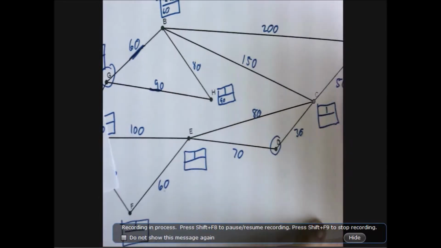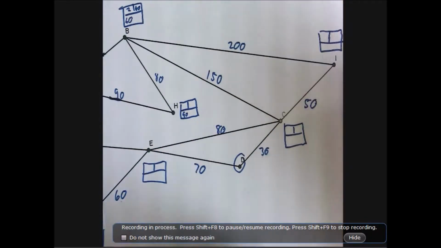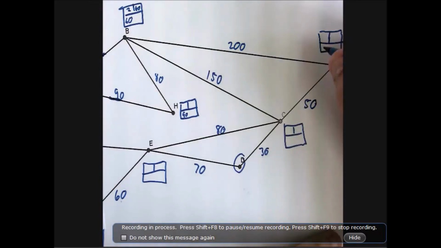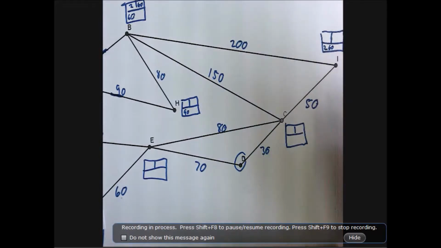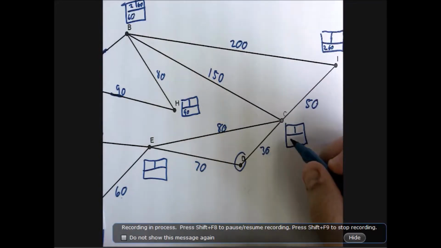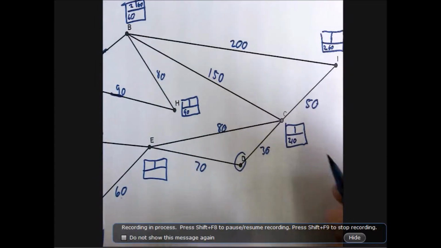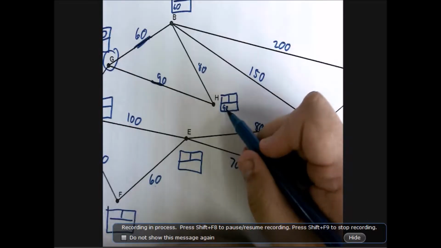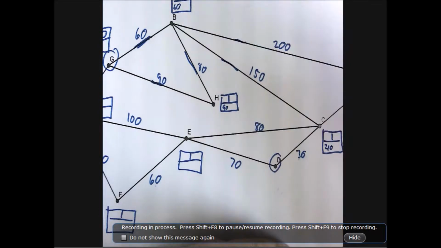We need to work out from B. I will be 200 plus the 60 it took to get to B. 150 plus the 60 to get to B. 80 plus 60 doesn't improve on 90, so we'll leave that. And we've done all the lines leading away from B.